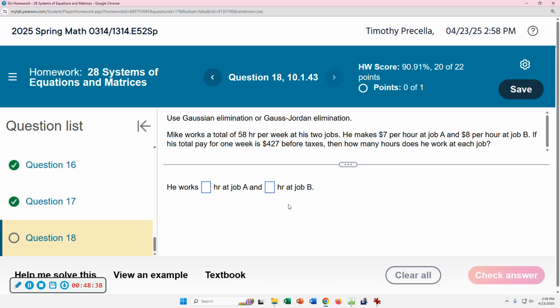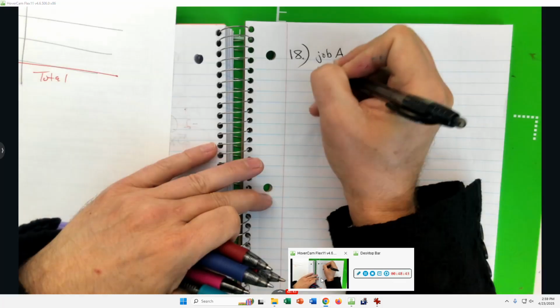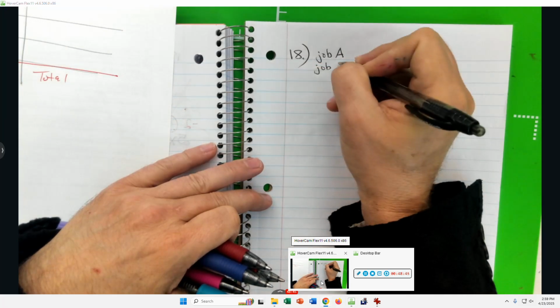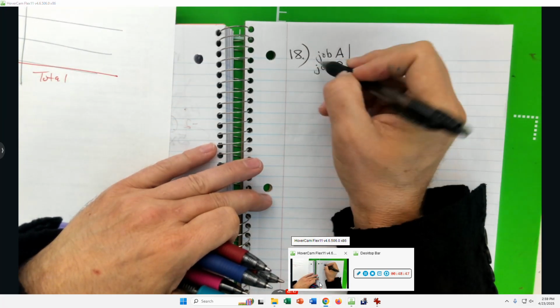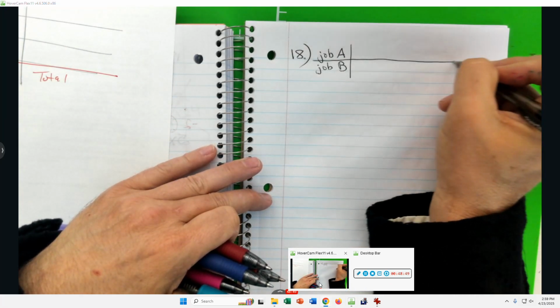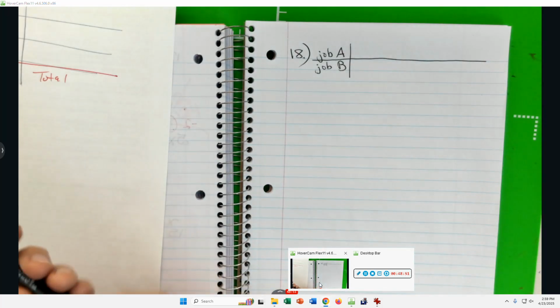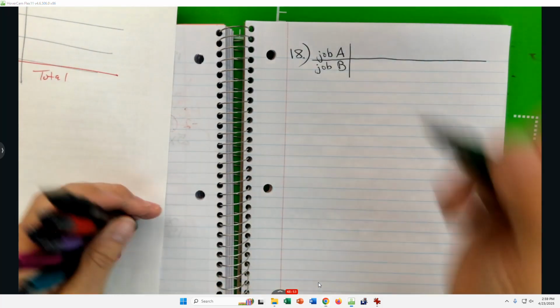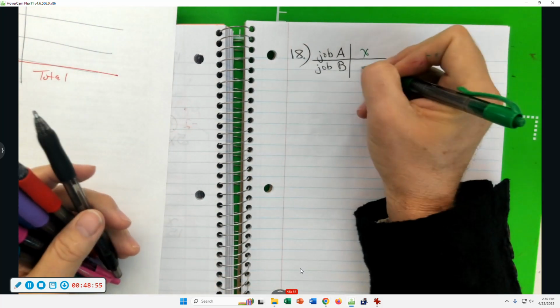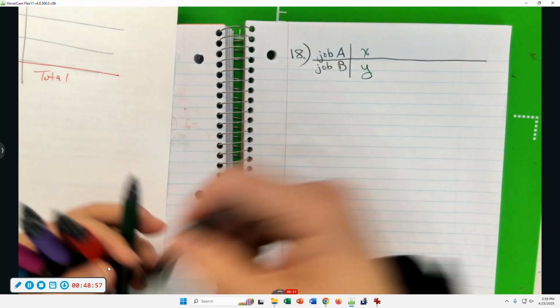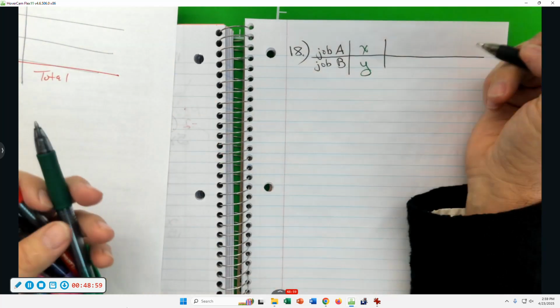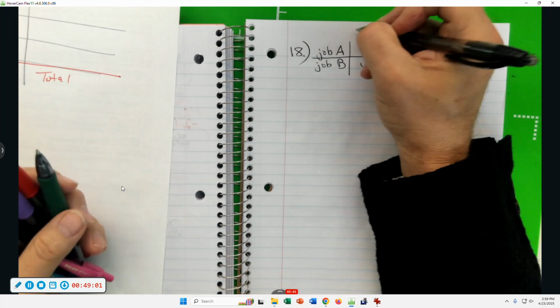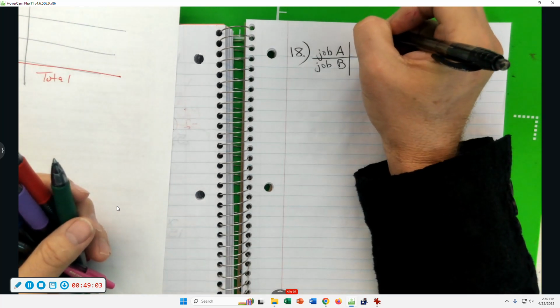So job A and job B. And the thing we don't know, I'll label X and Y. That's the number of hours he works each week. The number of hours.